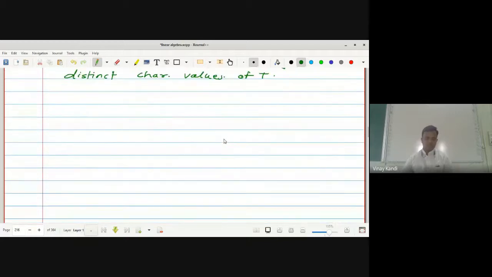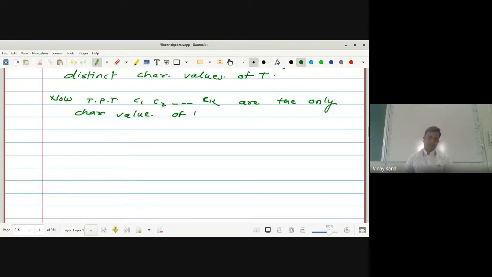Now, to prove that C1, C2 up to Ck are the only characteristic values of T. Any doubt? Yes, sir.